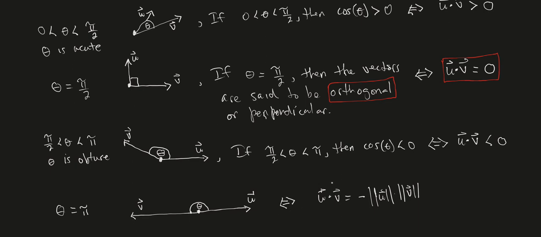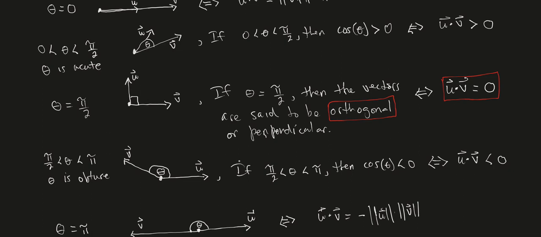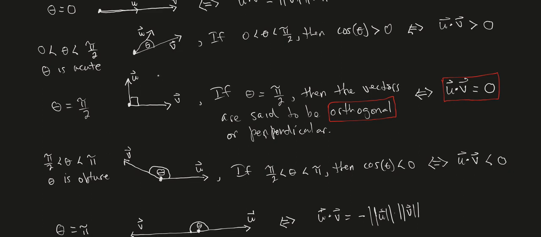So in a nutshell, what we have is a nice characterization of the angle between two vectors, all the possibilities, and how each of these geometric properties relates to the dot product.